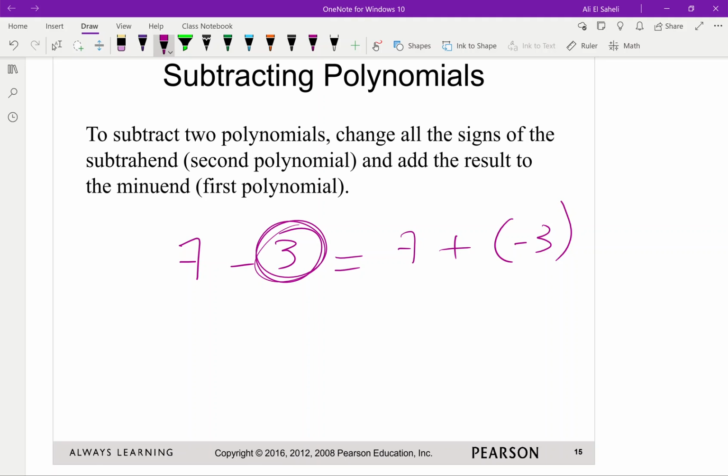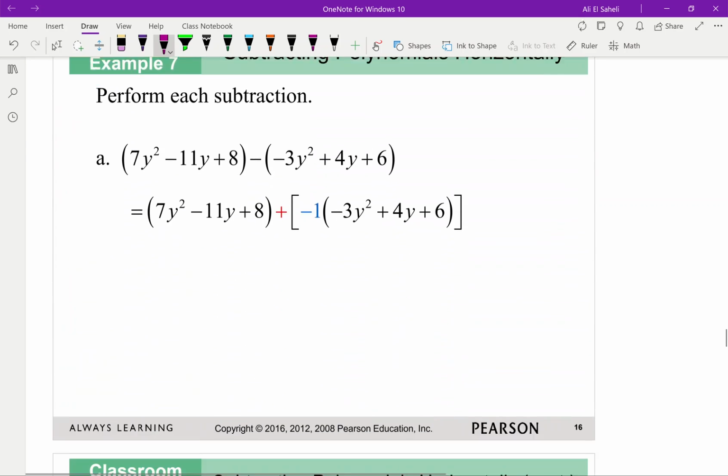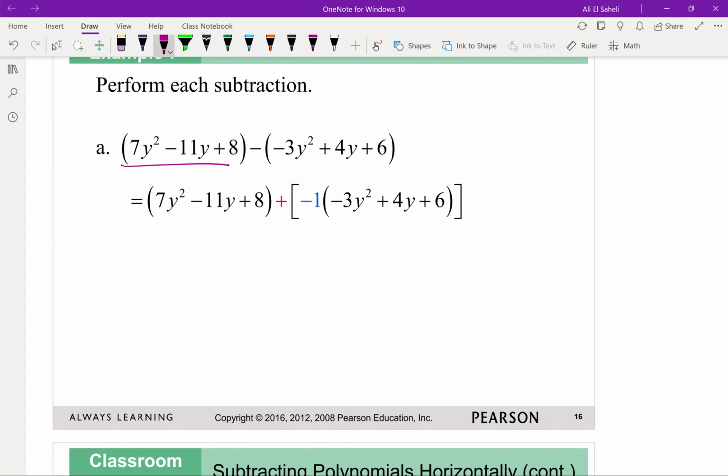We look at the polynomial to be subtracted. It's called the subtrahend. I don't think you will ever use this term. And multiply it by minus, and then we add. So this minus this. First we multiply each term by minus.